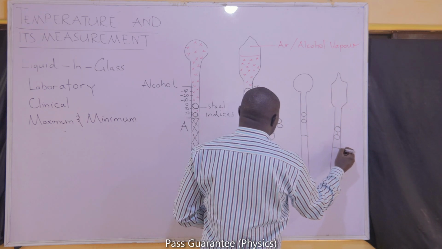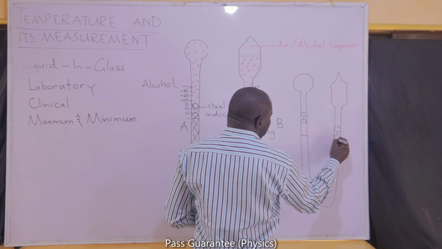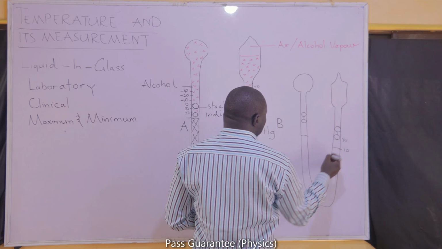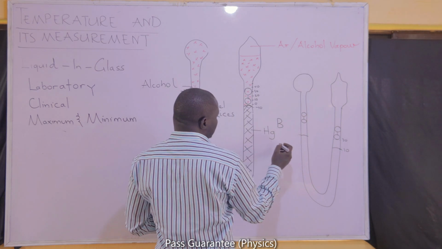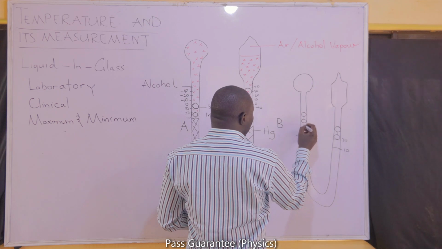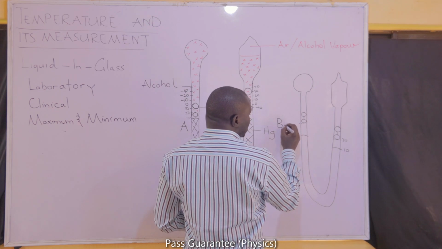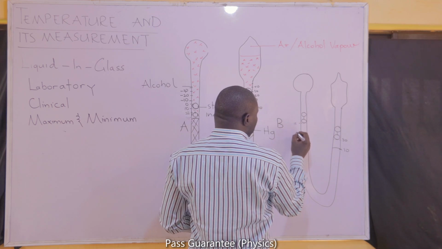The mercury level could even be at, let's say, 10, and the steel index can be at 30. The mercury level here could be at maybe 10 also, and the steel index here can be at maybe 15.